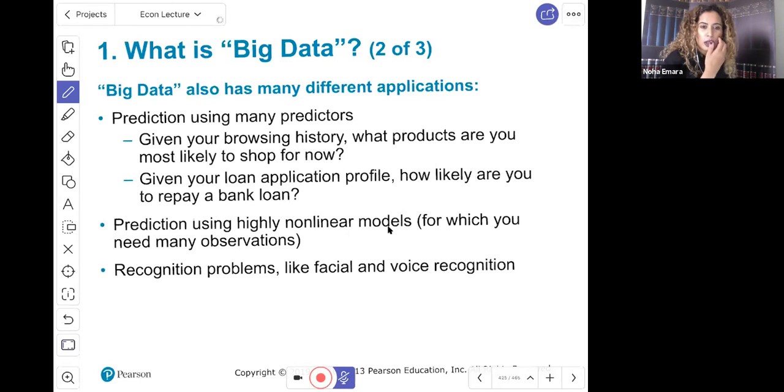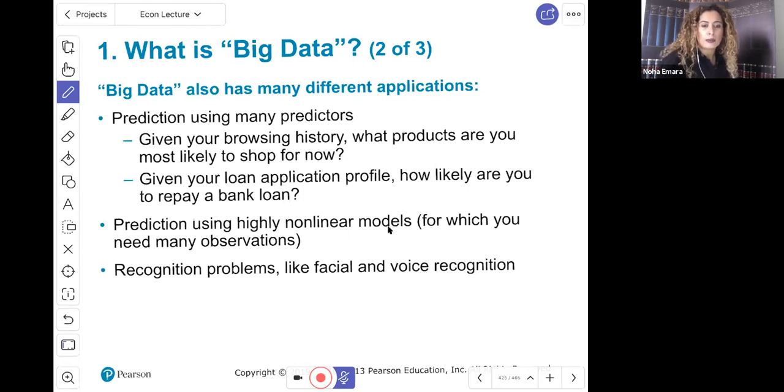So browsing history is a part of the information collected about your shopping behavior, right? When you apply for a loan, the bank is going to be collecting so much information about you, and not only that, but also the probability of you repaying your loan.